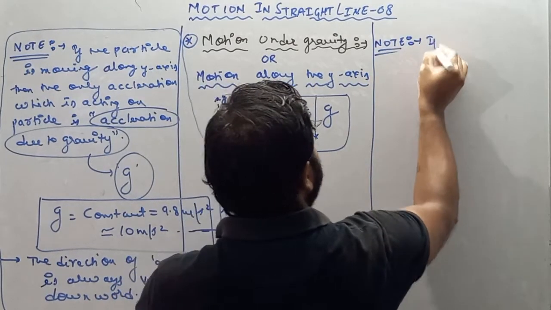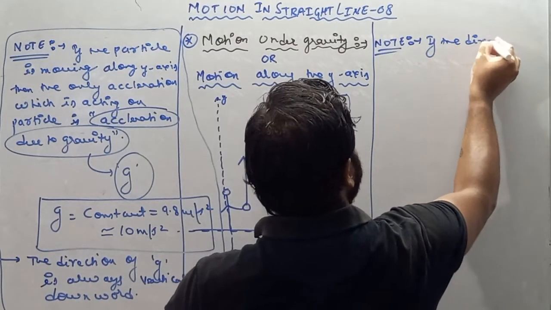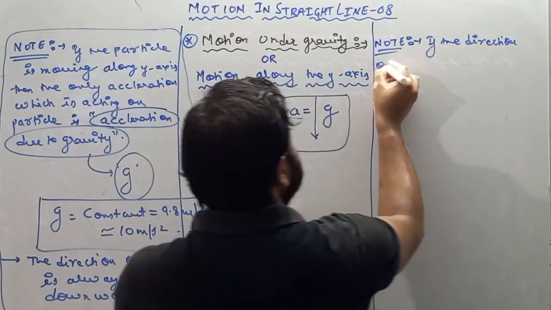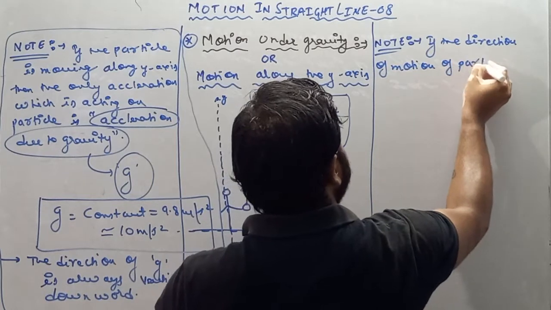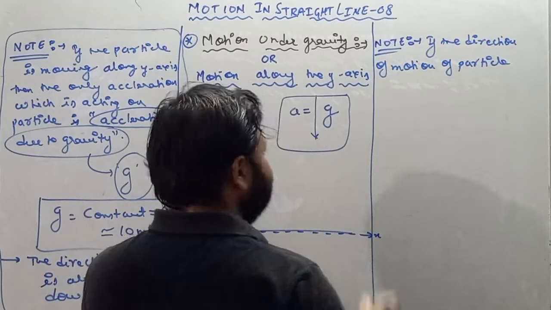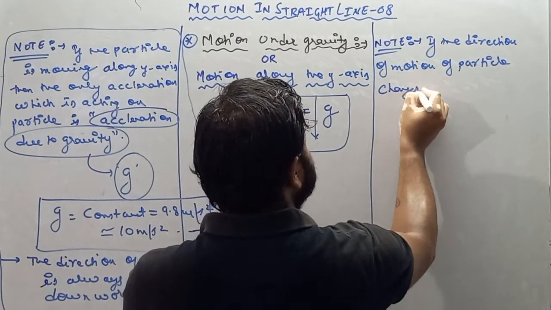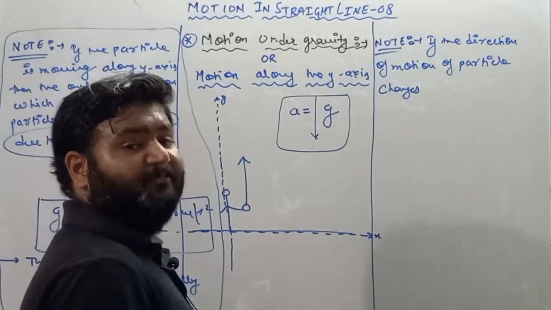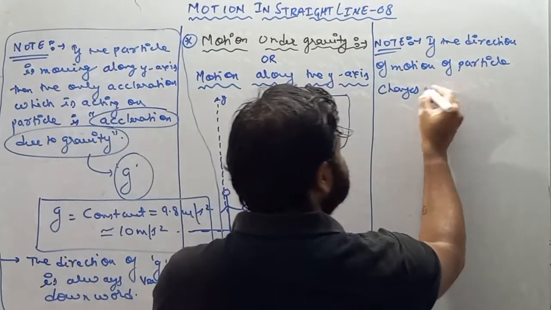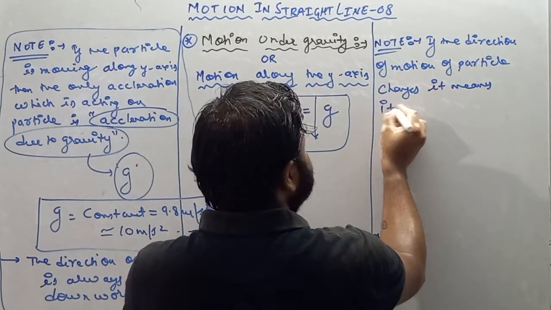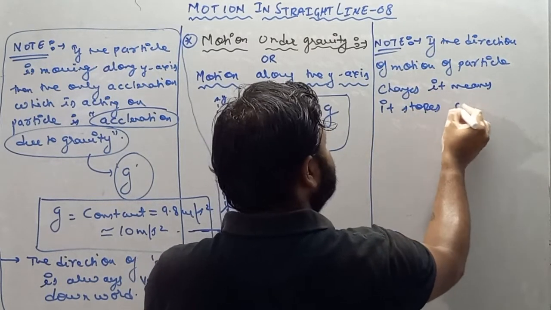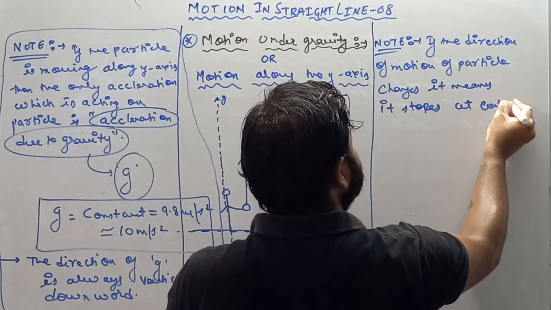If the direction of motion of a particle changes, it means it stops at a certain point.